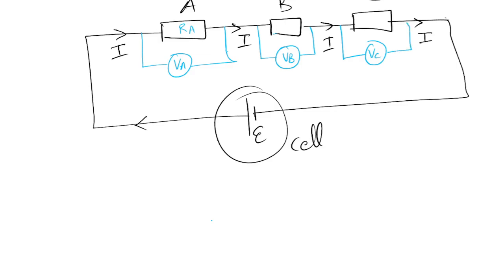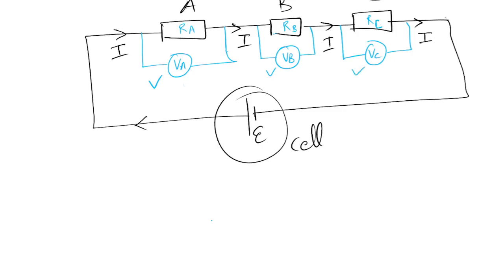And let's give variable values to these resistors: this one is RC, and for this one it's RB. So you can see here, resistor A has voltage VA, resistor B has voltage VB, and resistor C has voltage VC.